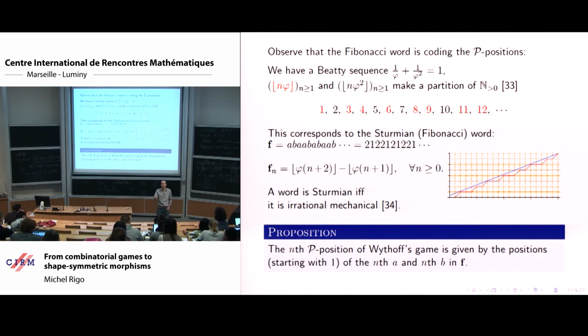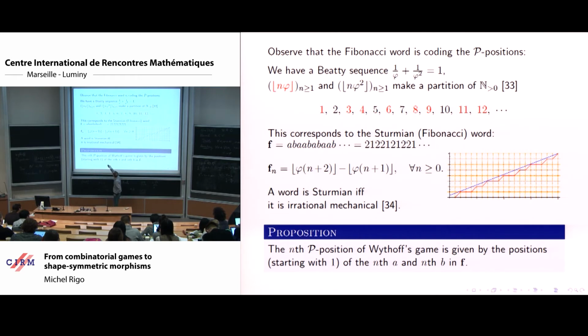Yesterday, when I played with Shigeki, and I was a mean player, I gave him the starting position 4, 7. And so you see, 4 is the third red element, and 7 is the third black element. So with this sequence, this is exactly the result of yesterday.